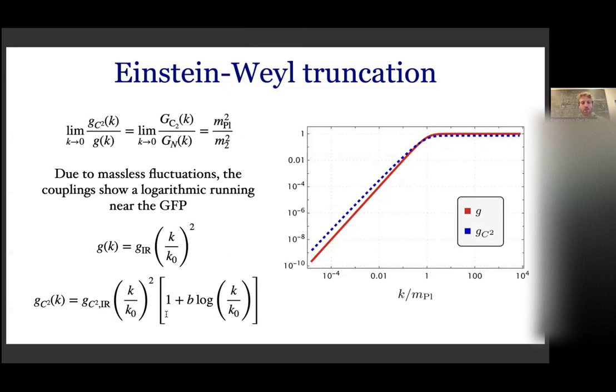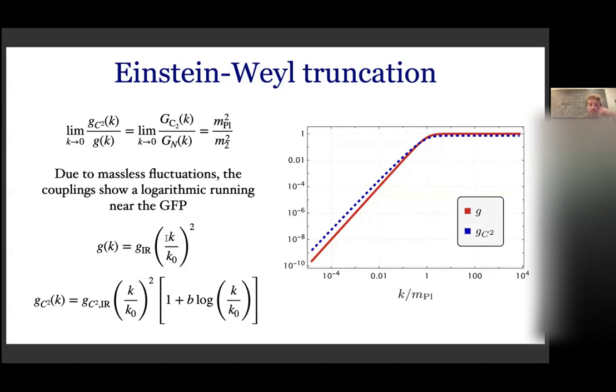It is a quite generic feature in effective field theories: when you analyze the RG flow, you are basically integrating out massless fluctuations, and the k dependence of the dimensionless coupling arises as a logarithmic scaling near the Gaussian fixed point.